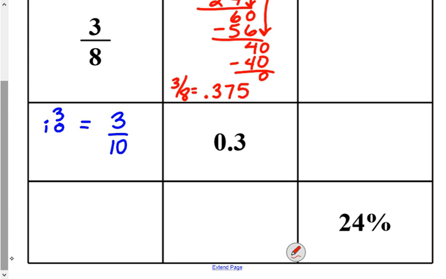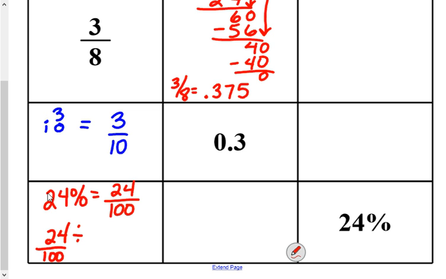So 24% changed to a fraction, 24% means 24 out of 100. Well, 24 out of 100 can be simplified because I can divide both 24 and 100 by 4 to get 6/25. So 24% equals 6/25.